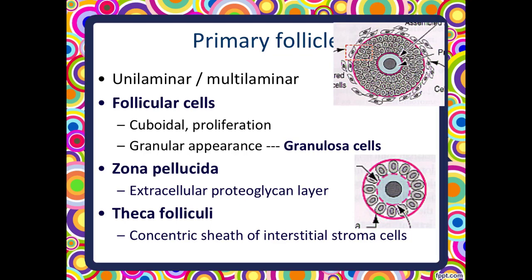This is a highly vascularized layer, and these cells have the characteristic features of steroid producing cells. They possess a large number of luteinizing hormone receptors, and in response to this stimulation, they produce the androgens which serve as the precursor of estrogen.